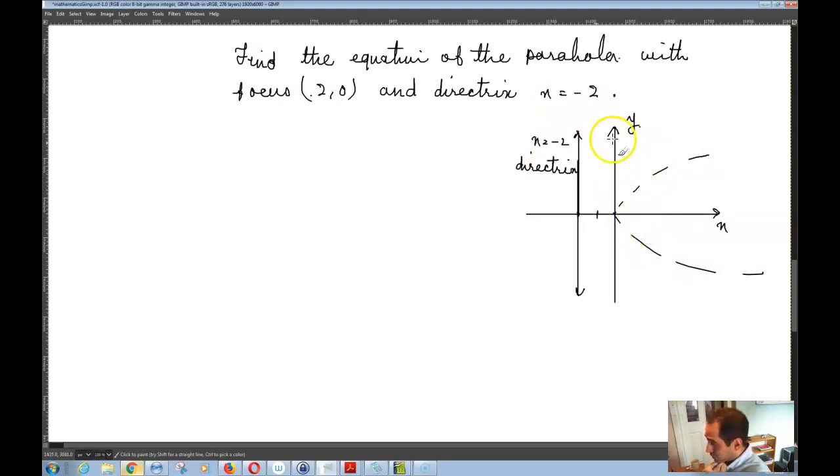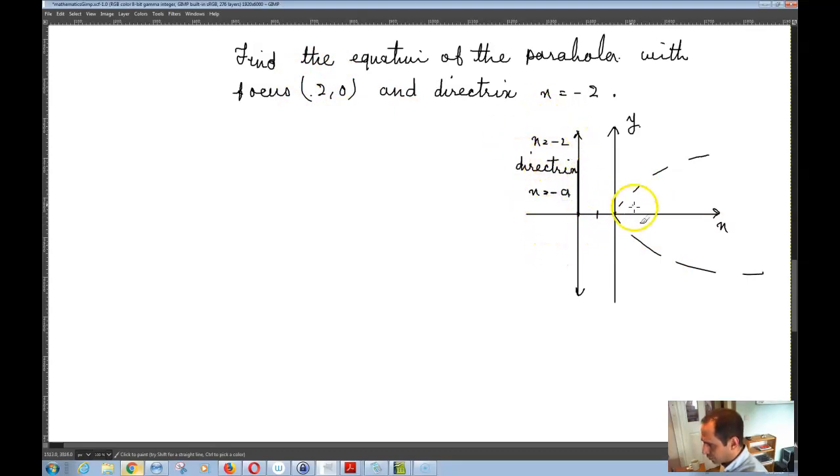So we saw this before, and what we found was that the focus of this parabola was at (a, 0) and the directrix was at x is equal to -a.